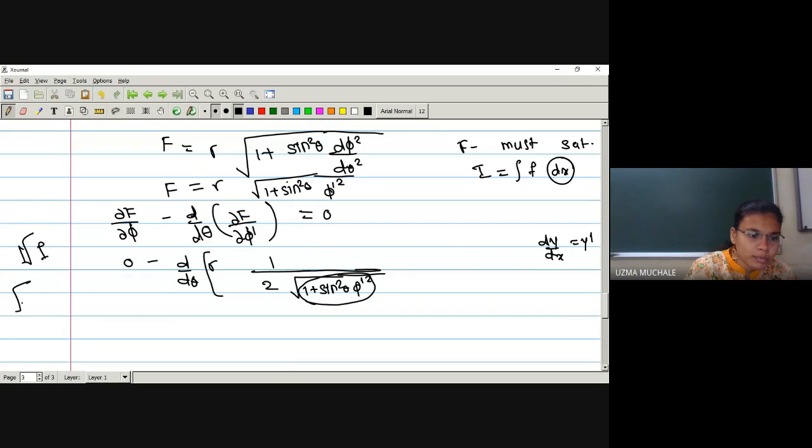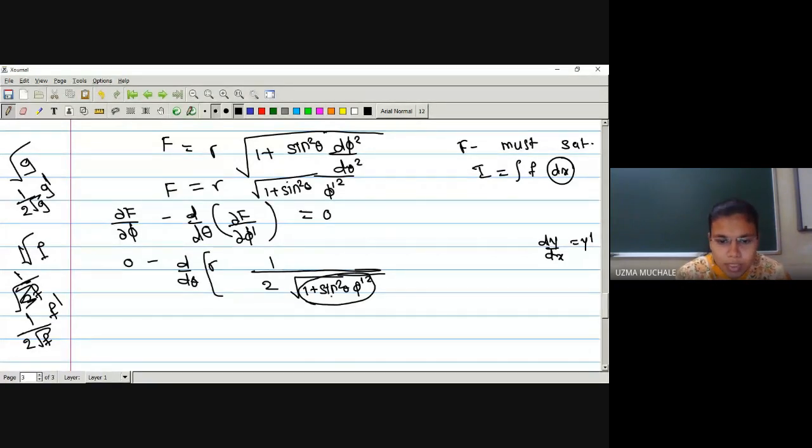It is 1 upon 2 root f, and the derivative of f. As f is already being used, what is the derivative of under root g? It is 1 upon 2 under root g, and we have to find the derivative of g also.